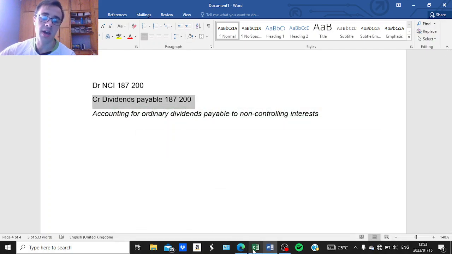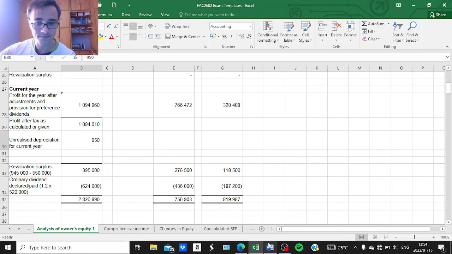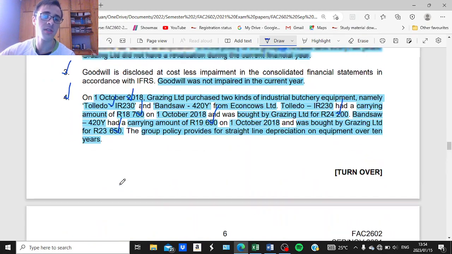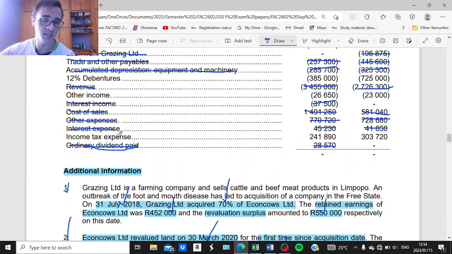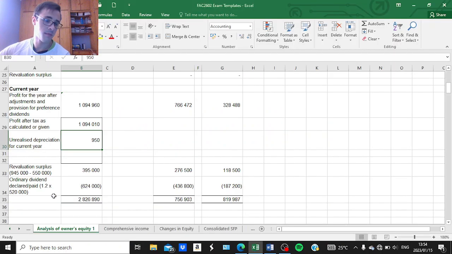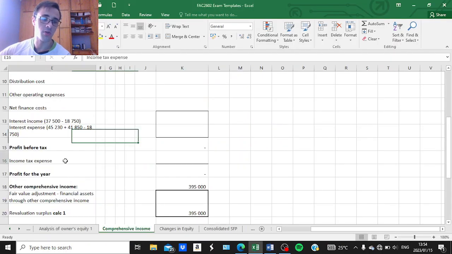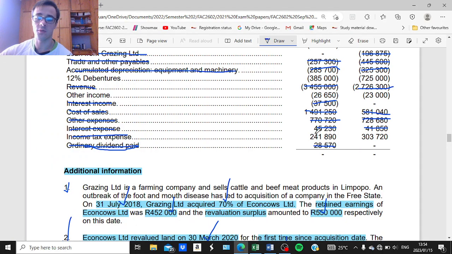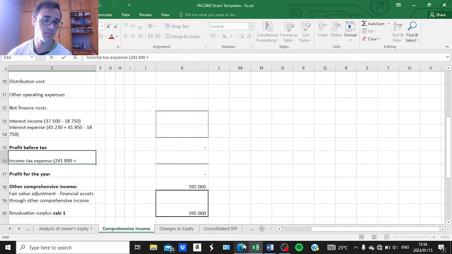Okay, we have shown it in the current year section. And then we just need to account for the remaining items in the trial balances. So income tax expense for the group will be 241,5890 plus the amount for the subsidiary, 303,720.